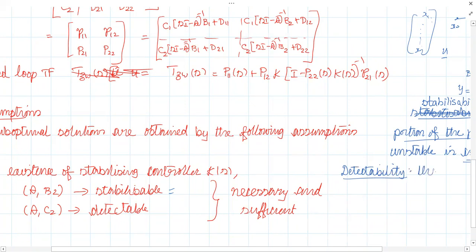That portion of the plant which is unstable is or must be observable.